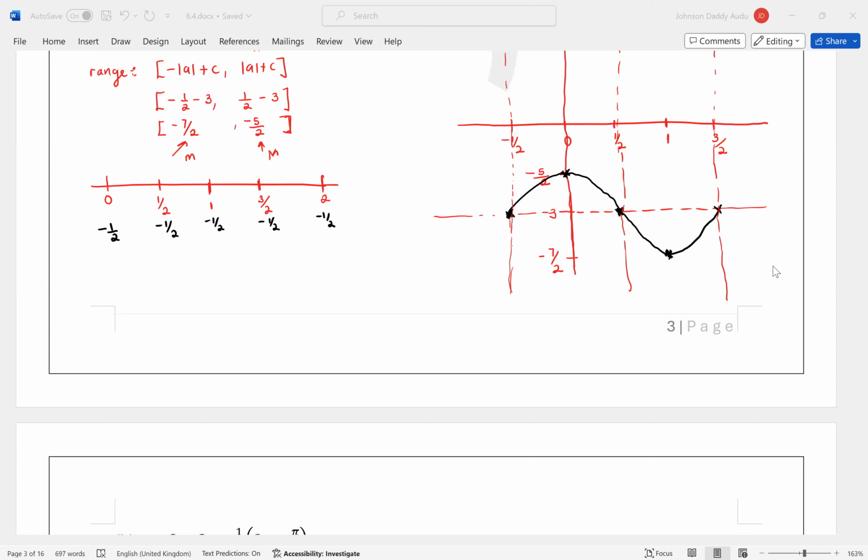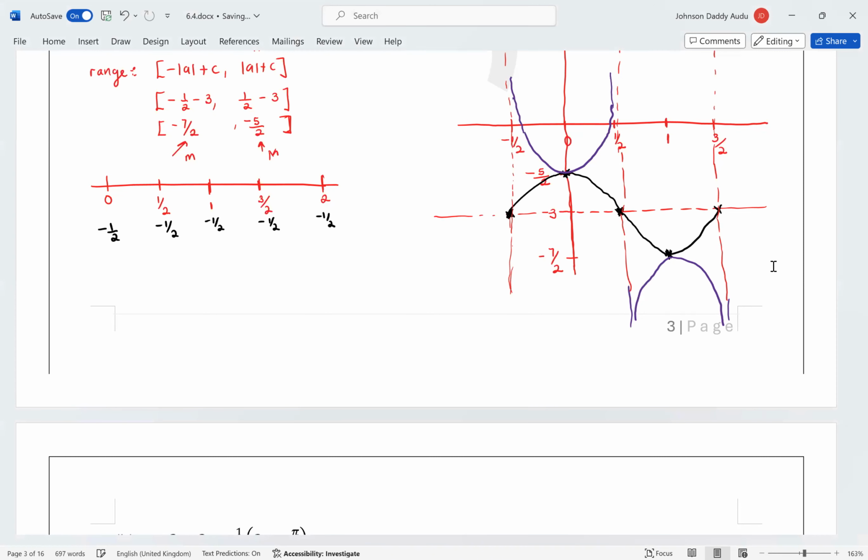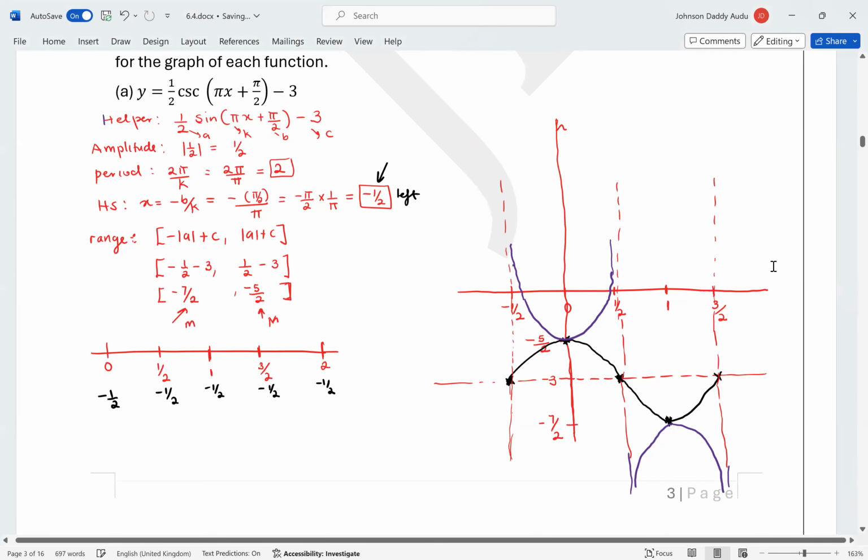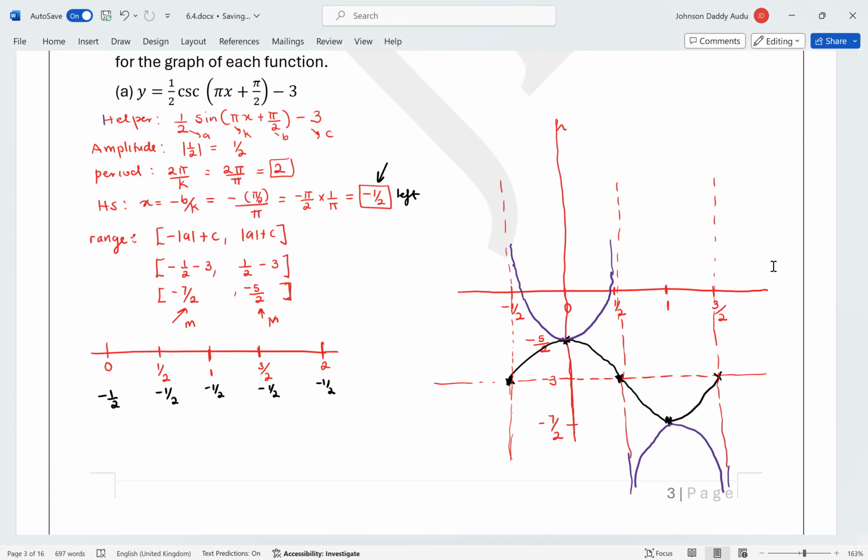All right, so this will come here. This will curve down here. And then the same thing here. Okay, so the purple one is actually the graph that we need. So that is the graph of half cosec of pi x plus pi over 2 minus 3.